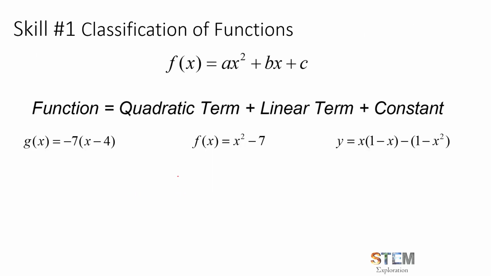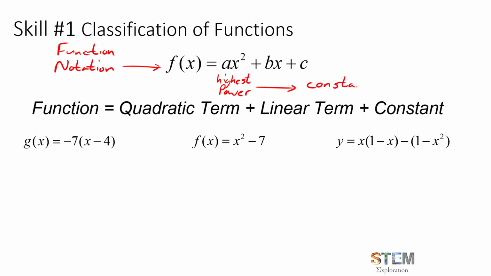So with that said, I want to get into classification of functions, because general function notation generally has a format where you place the highest powered term first, all the way down to the lowest powered term, or the constant. And so far, all we really have gotten to is this idea of linear functions, or more specifically slope-intercept form, which is what we would consider standard function notation.